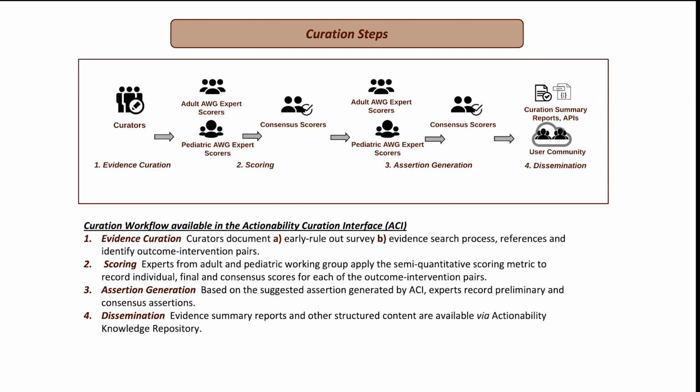The actionability curation interface has many features which allow them to search, record, and link references to the evidence that they are collecting, and they identify outcome and intervention pairs during that stage. During scoring, adult and pediatric expert scorers score separately for both contexts. During consensus scoring, they come up with the consensus score.